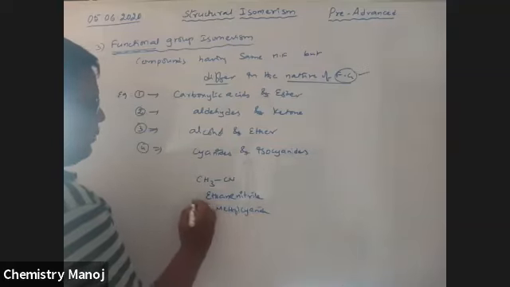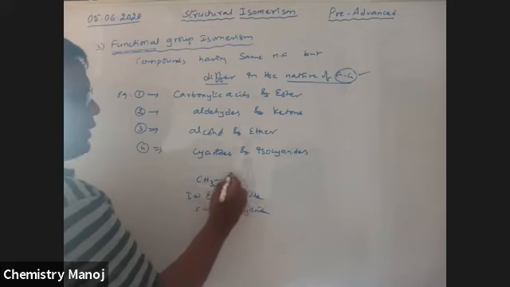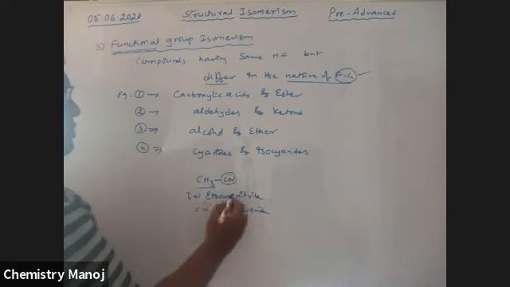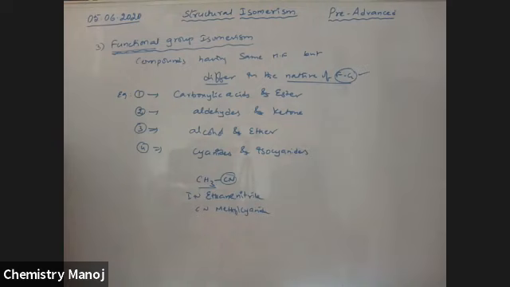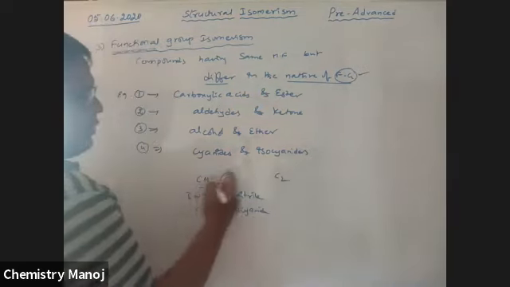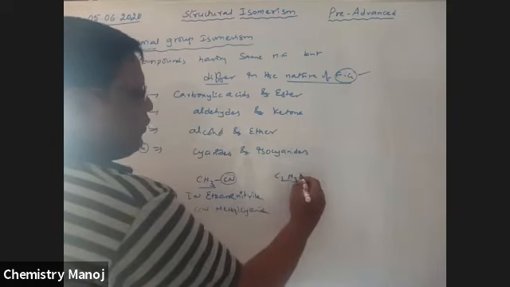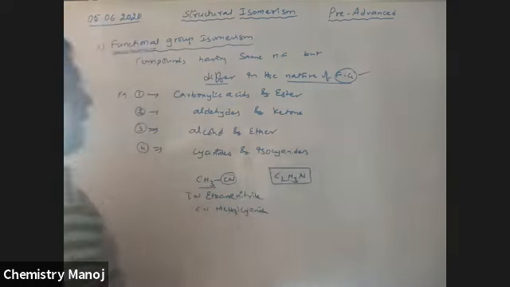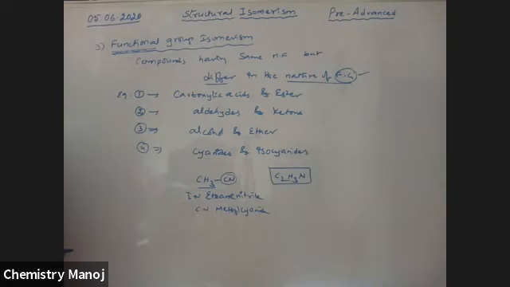One is the common name, the other is the IUPAC name. So the IUPAC name is ethanenitrile. Its formula is 2 carbons, 3 hydrogens, 1 nitrogen.